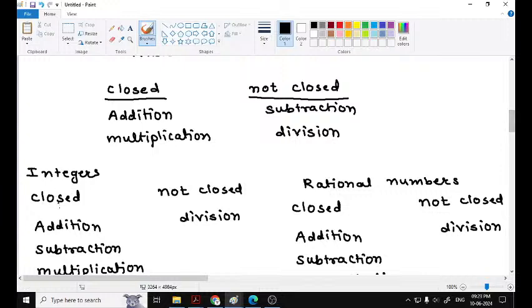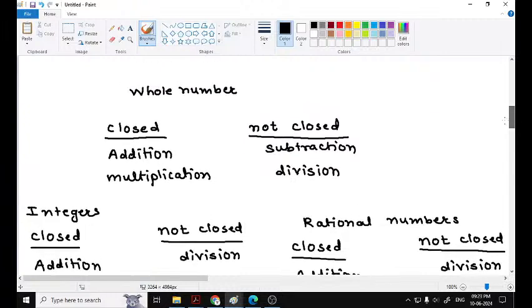Closed, not closed, closed, not closed. And these are the systems.